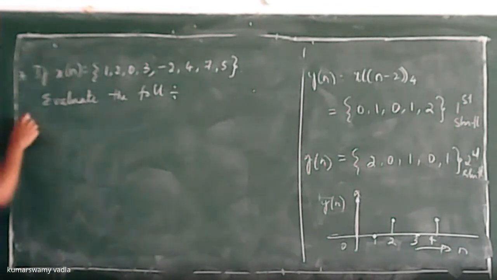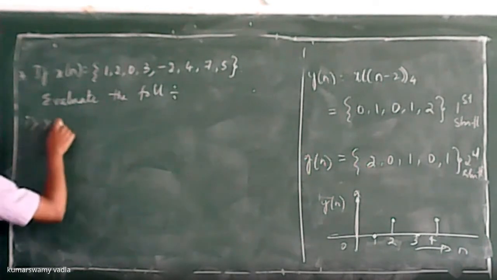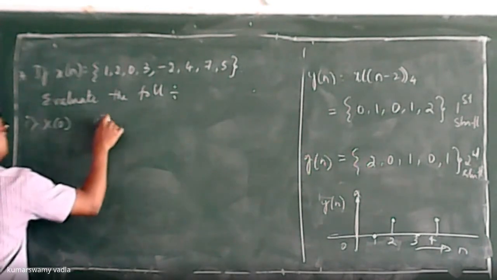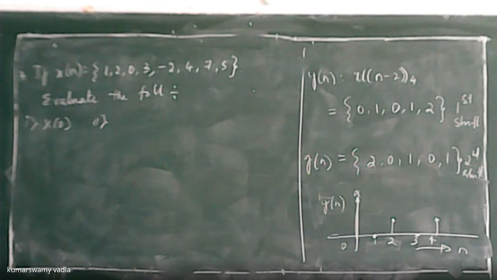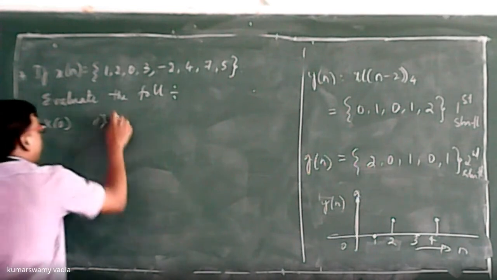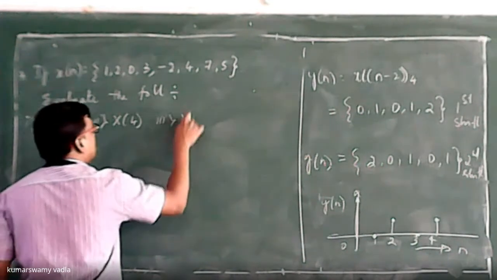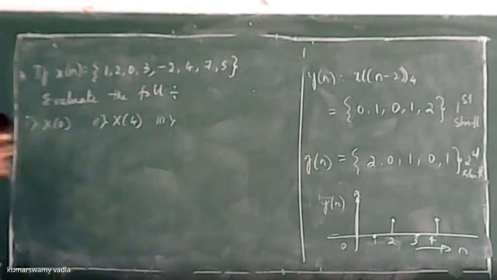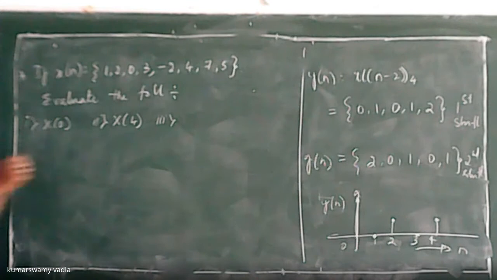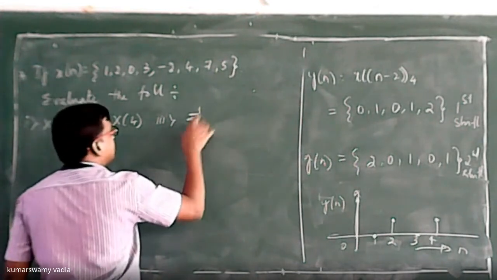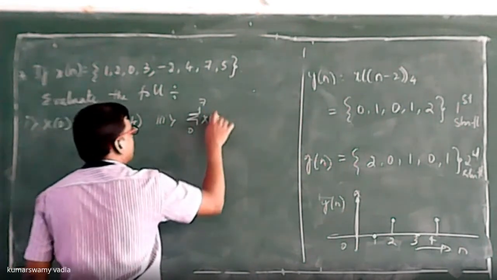First one, find capital X of 0. Second one, find capital X of 4. Third one, find the summation from 0 to 7 of capital X of k.